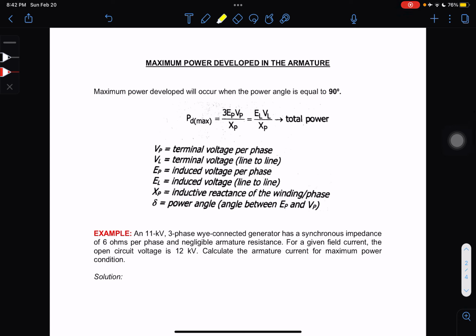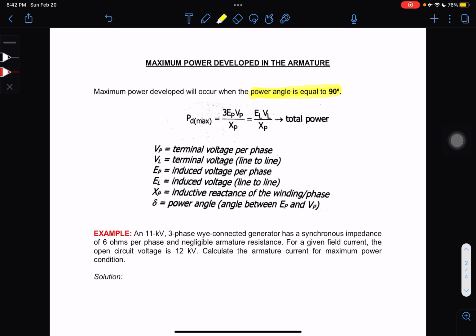Last module for your prelim. So we have maximum power developed in the armature. So maximum power developed will occur when the power angle is equal to 90 degrees. So kaning maximum power, magamit nato siya if ato ang power angle na gihatag is equal to 90 degrees.